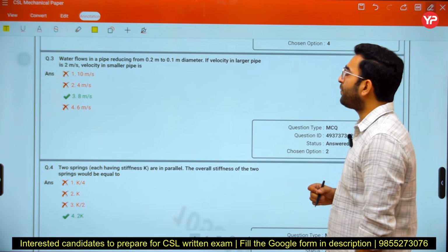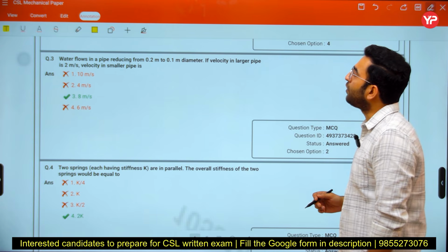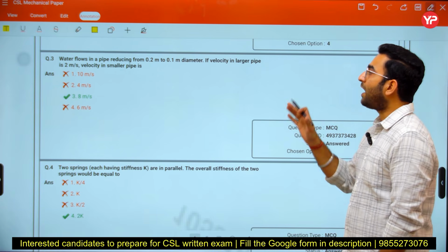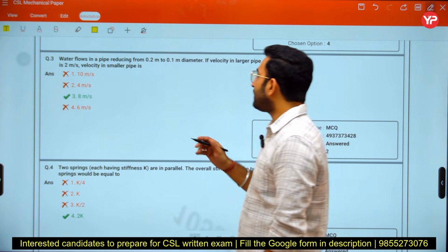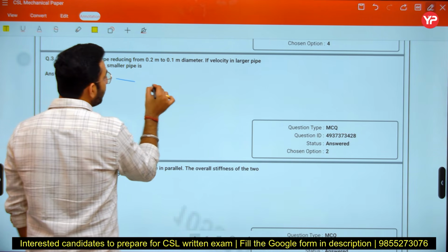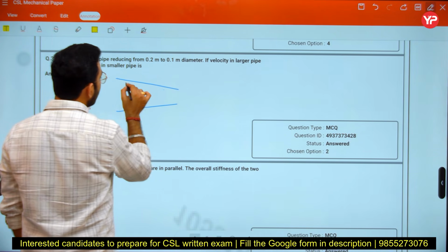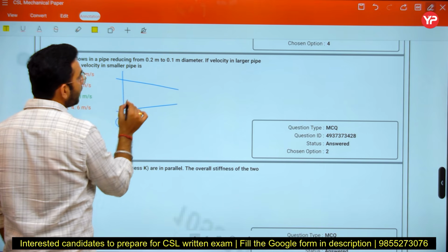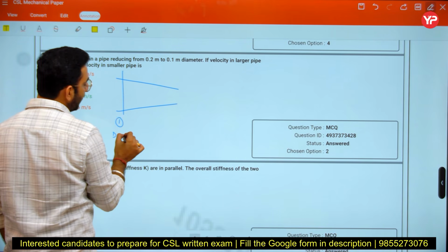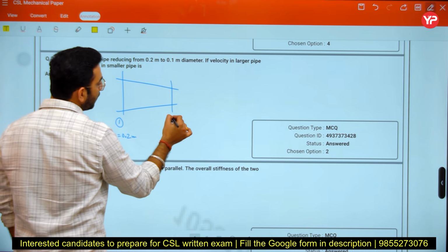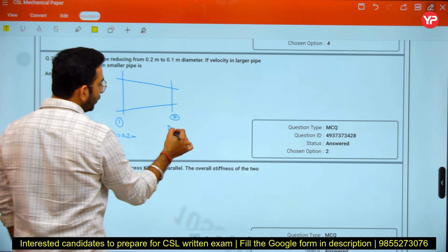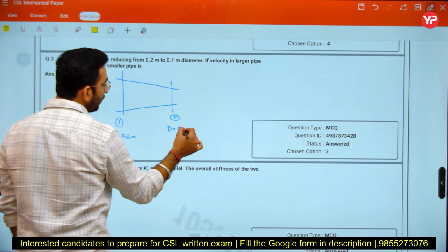Water flows in a pipe reducing from 0.2 meter to 0.1 meter diameter. If the velocity in the larger pipe is 2 meter per second, what will be the velocity in the smaller pipe? If we take a case of a pipe, at cross section number 1 we have a diameter of 0.2 meter, and at cross section number 2 the diameter is 0.1 meter.